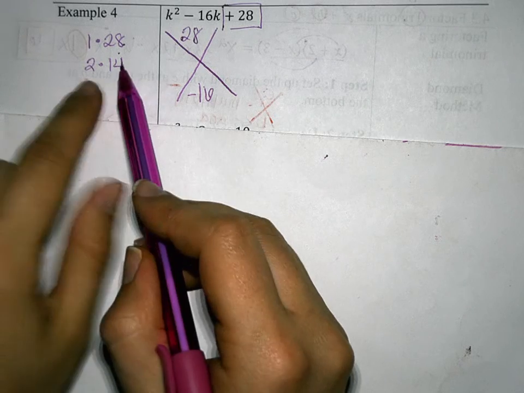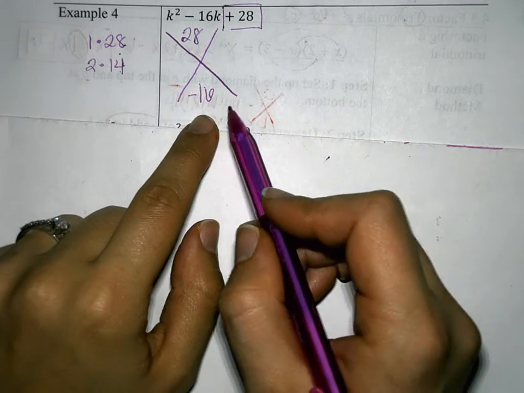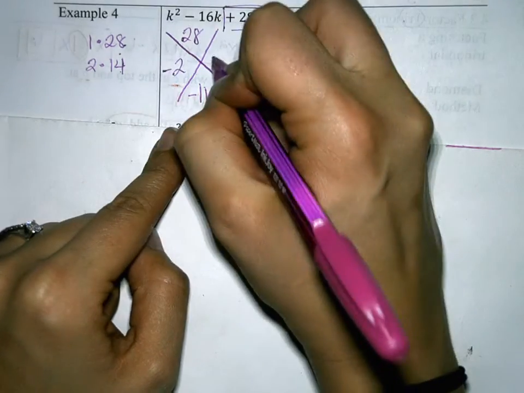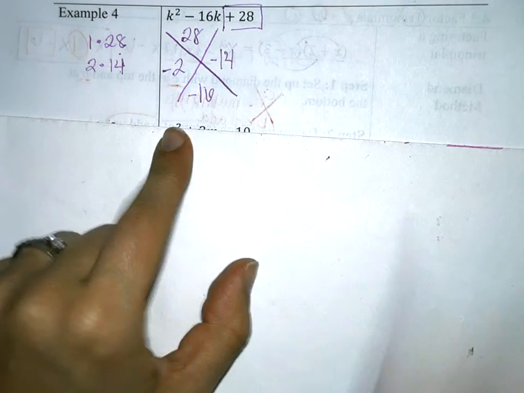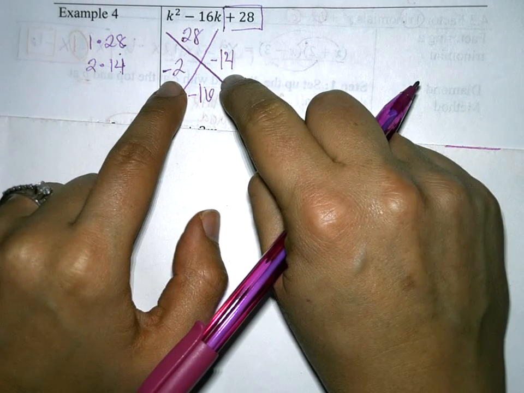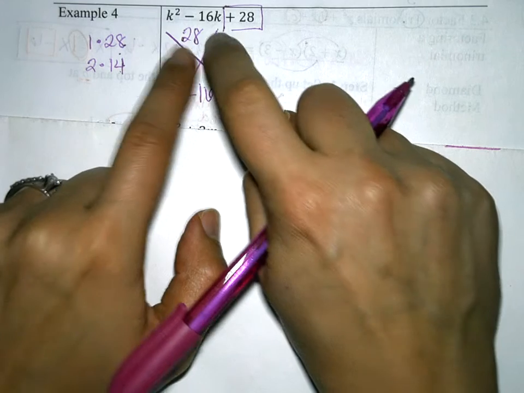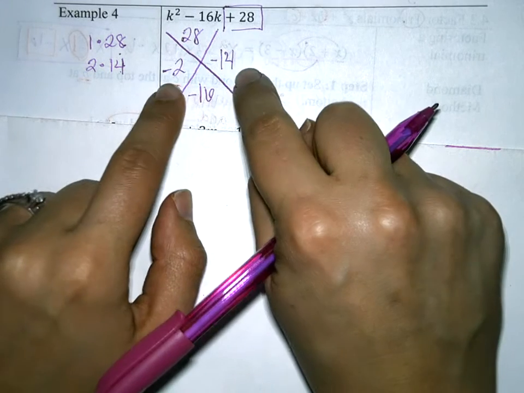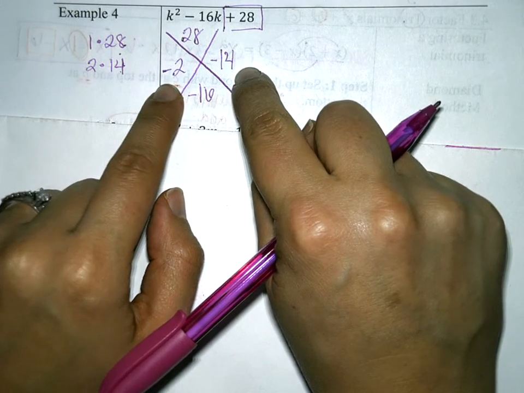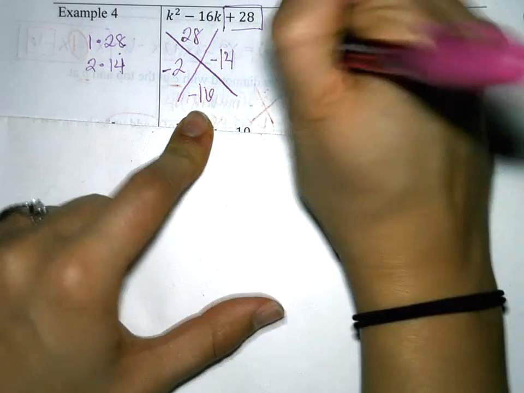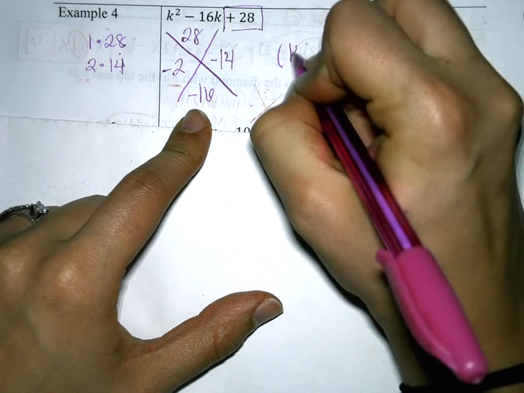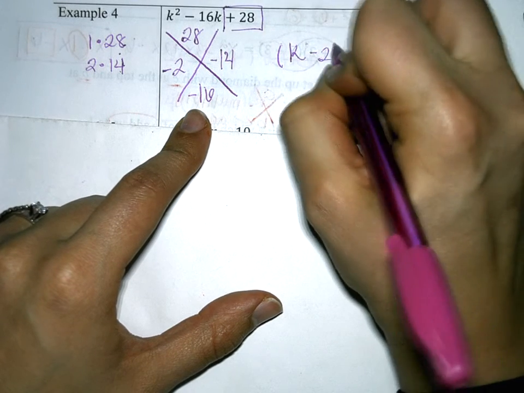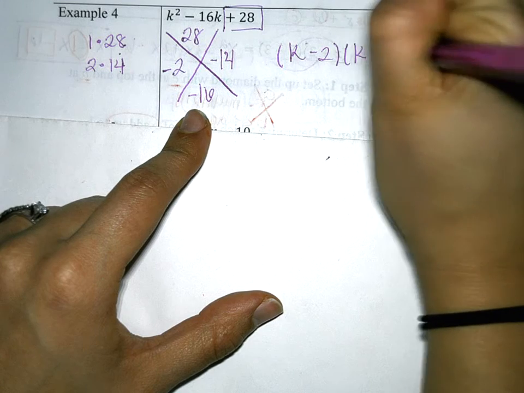And 2 plus 14 gives me positive 16. So if I change both of those to negative, negative 2 times negative 14 gives me positive 28, and negative 2 minus 14 gives me negative 16. So it looks like those are my two numbers. So we have k minus 2 times k minus 14.